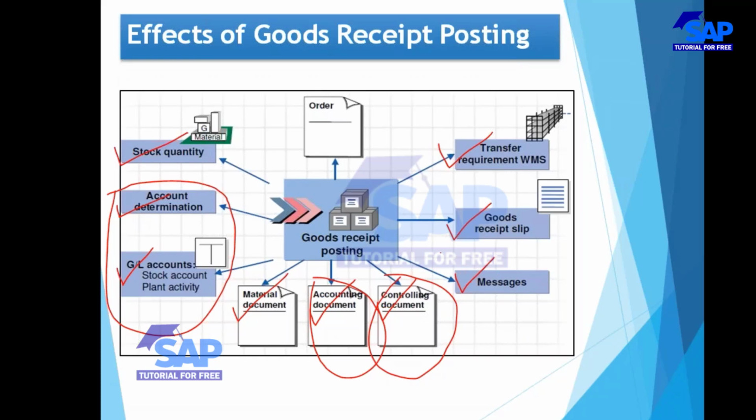So these are the effects that take place when you do the goods receipt in the system. The most important thing is that a material document will get generated, and an accounting document and controlling document for the finance and controlling people. All their GL accounts will get updated with the values and cost values.